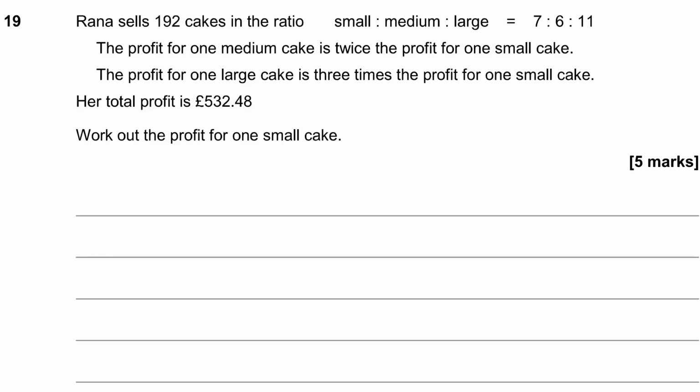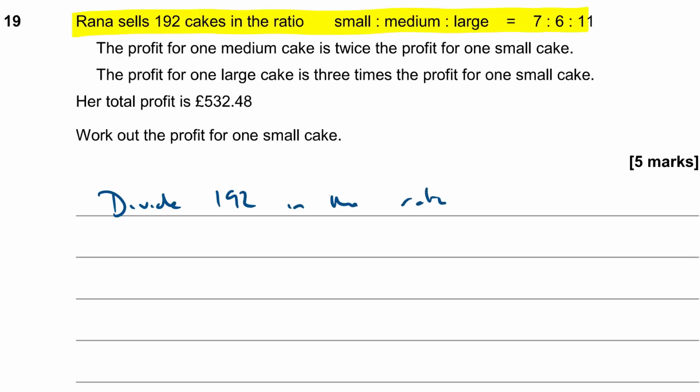Let's start off with the number of cakes and the ratio, and work out how many of each sort of cake we have. So we want to divide 192 in the ratio of 7 to 6 to 11.